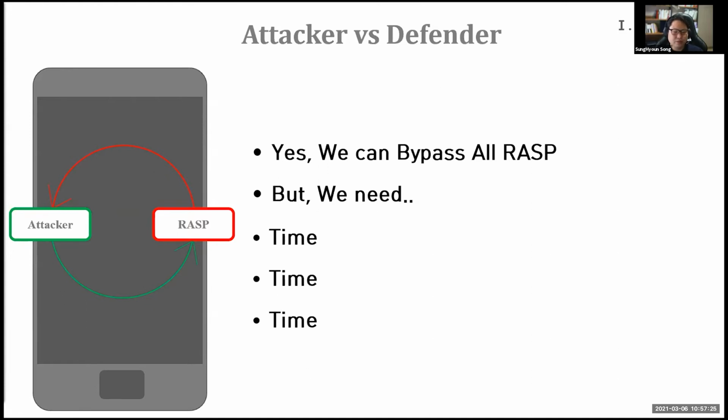I want to get away from the endless fight between protection and bypass, just like Tom and Jerry. So over the past 2 years, I have been thinking about how to analyze the app easily and effectively without being detected by RASP.